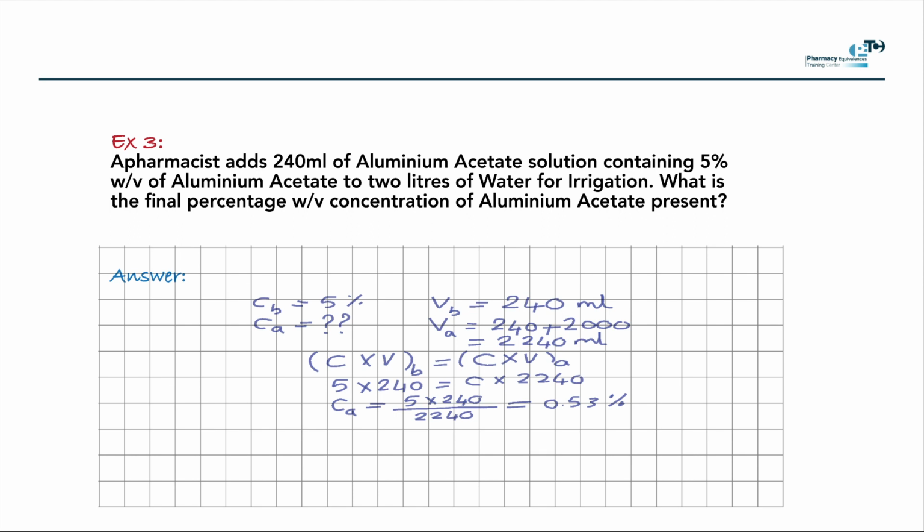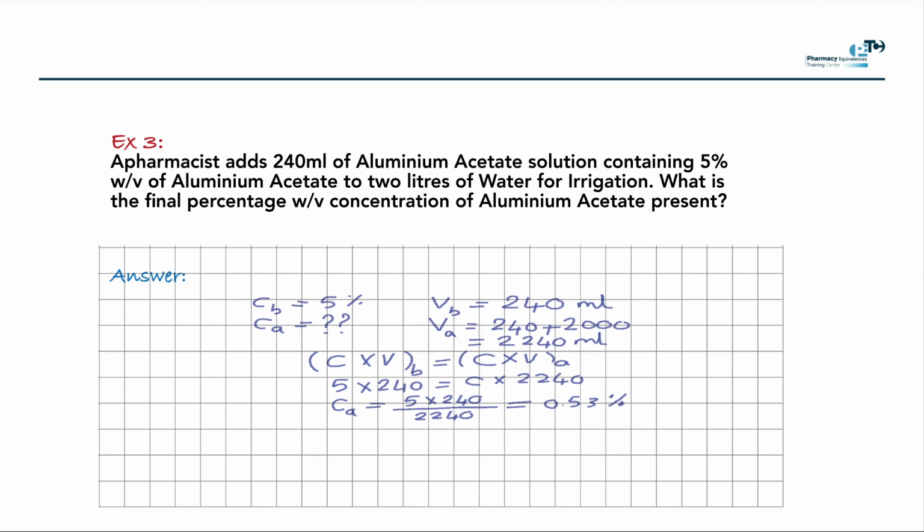And what about the volume after? If we take 2 liters, it will be wrong. Why? Because we add the 240 milliliters to the 2 liters. So the final volume will be 2240 milliliters. This is the trick in this problem.